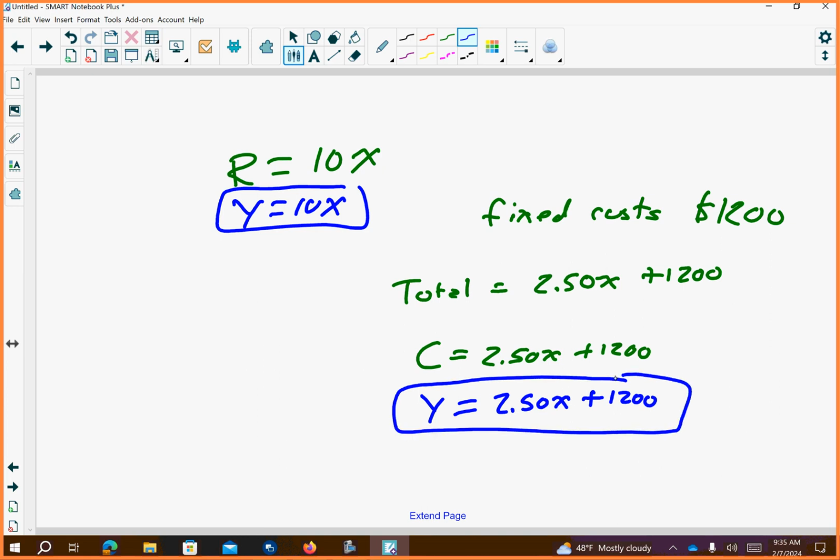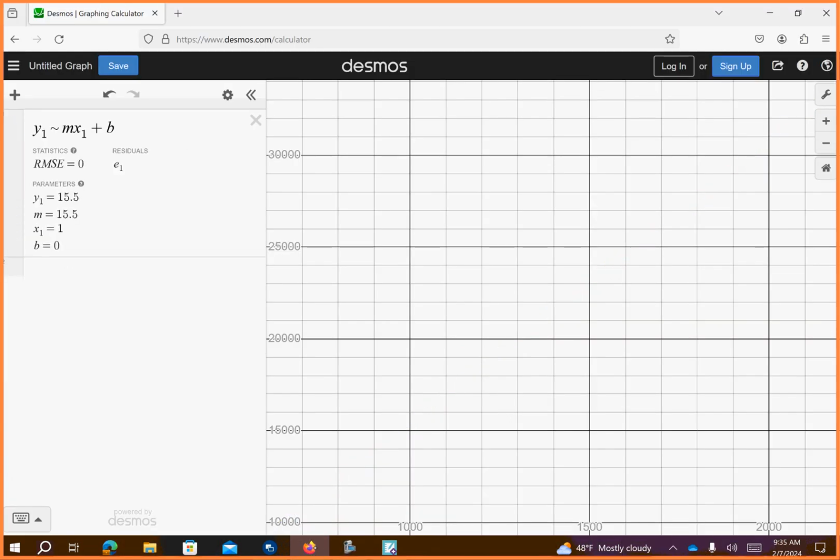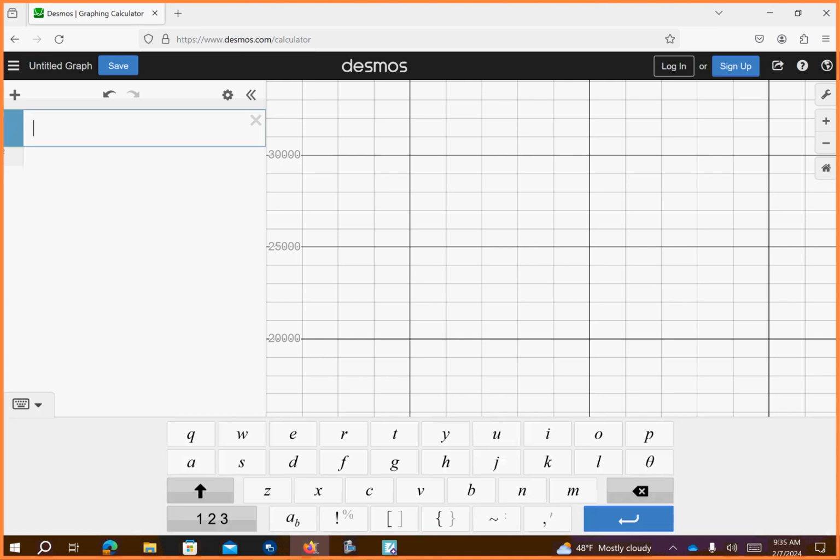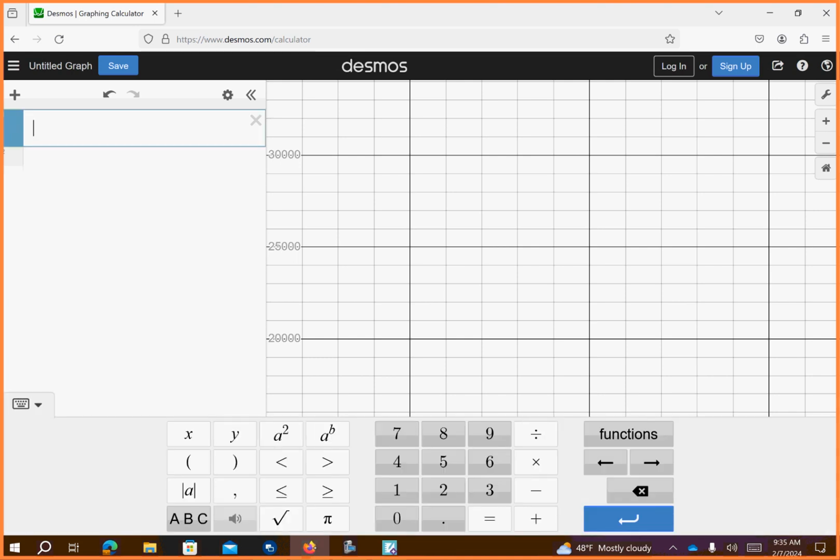So I want to graph both of those on Desmos. Okay, which is going to give us two lines that are going to eventually intersect. We might not see the intersection right away, so we might have to find it on Desmos. All right, so I'll get rid of both these. So I have y equals 10x. And it might show a line there.